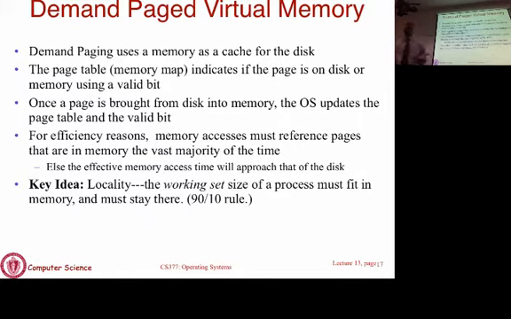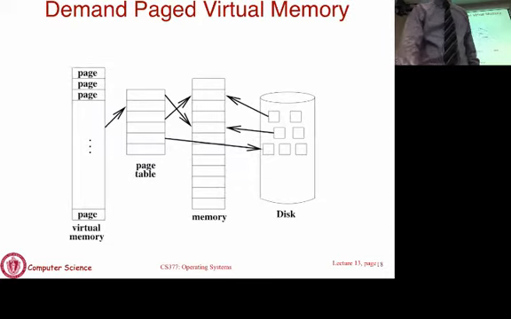Every once in a while, you'll pay the penalty of having to fetch pages from disk. But once they are there, the assumption is you'll continue to work on them for a little bit, so you will get good performance. We are going to exploit this notion, which is called locality: processes work on the same set of pages for a period of time before they switch to other pages.